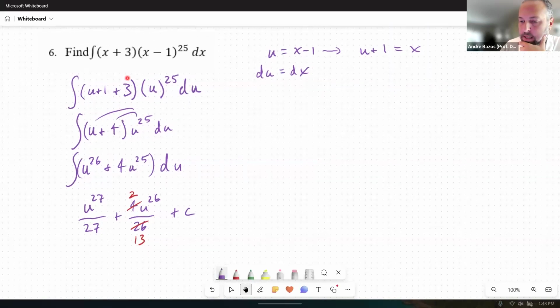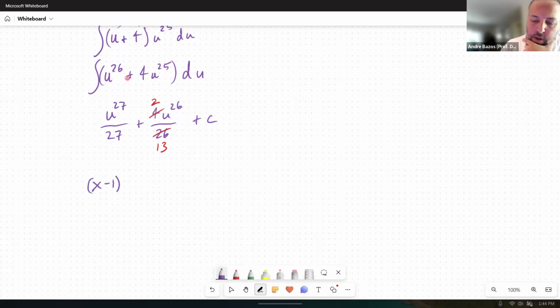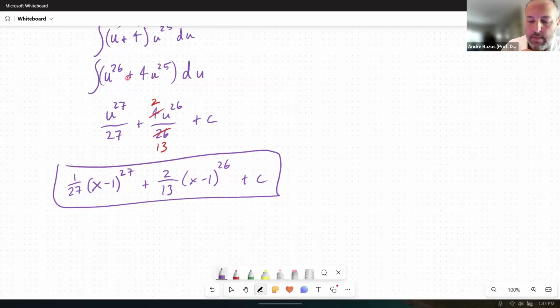So now let's just finish it up. So u is x minus 1. So we got x minus 1 to the 27th power. Let's write it as 1/27th. It just looks cleaner to me. And 2/13 times x minus 1, that's u, to the 26th power plus c. There is my integral.